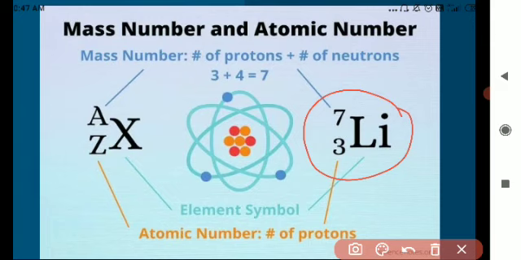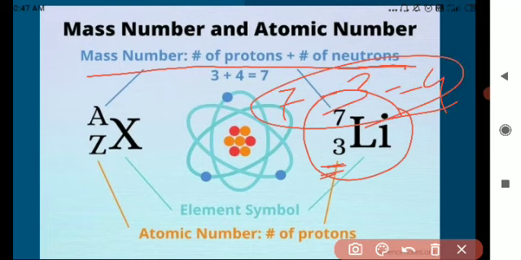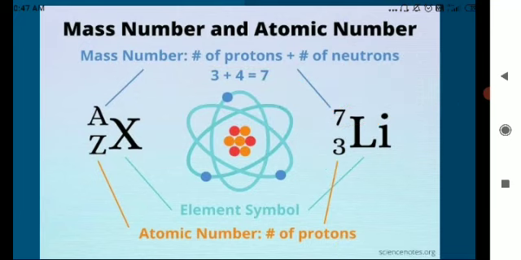So we got only the number of protons and electrons. But how will you calculate the number of neutrons? As you all know, mass number is the summation of the number of protons and neutrons. We simply have to subtract: 7 minus 3 is 4. So 4 is your number of neutrons. Understand? I hope you have understood that.